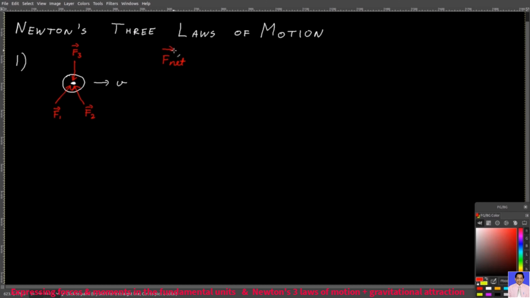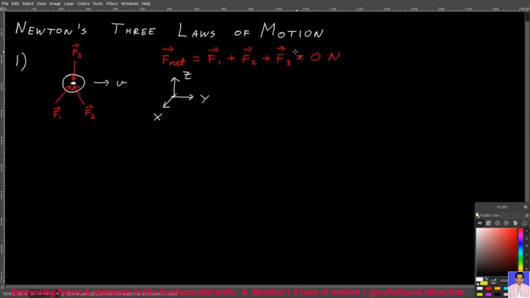In other words, your net force, which is F1 plus F2 plus F3, needs to equal 0 newtons. And of course, there must be balance in all x, y, and z dimensions.